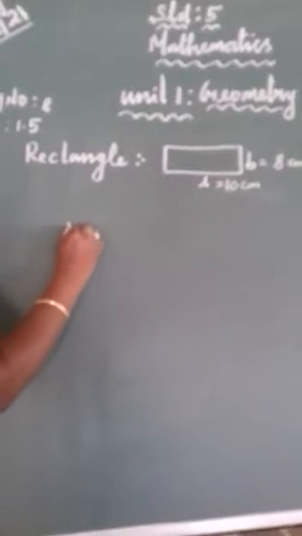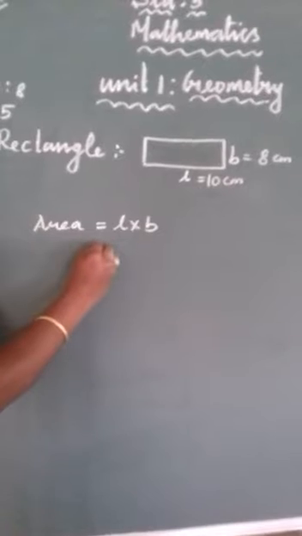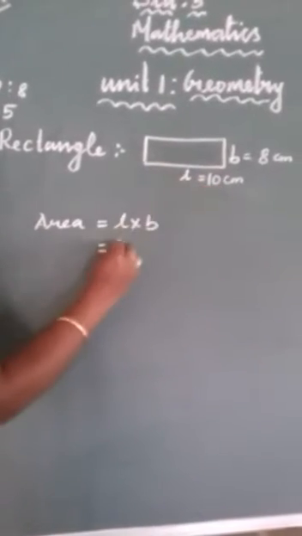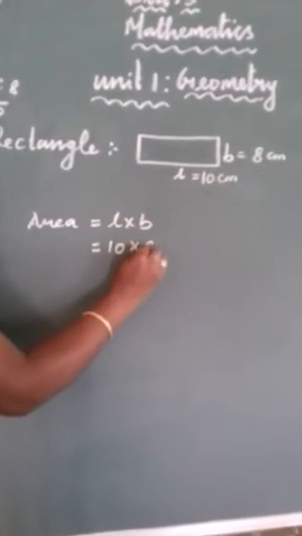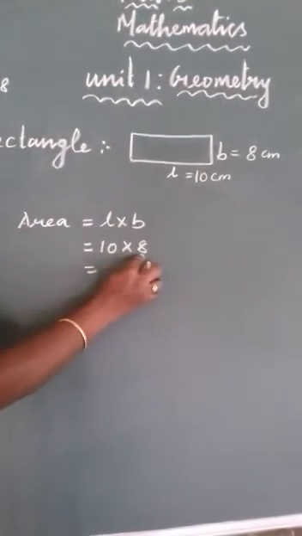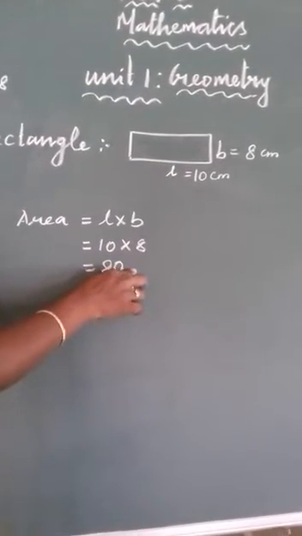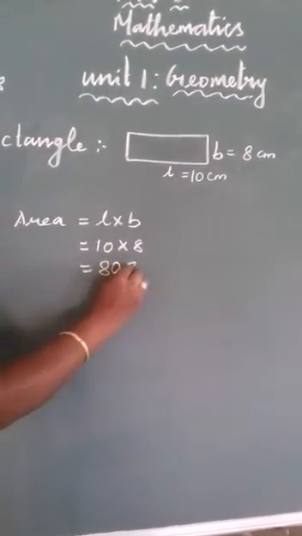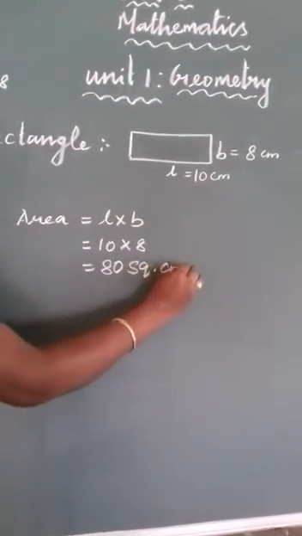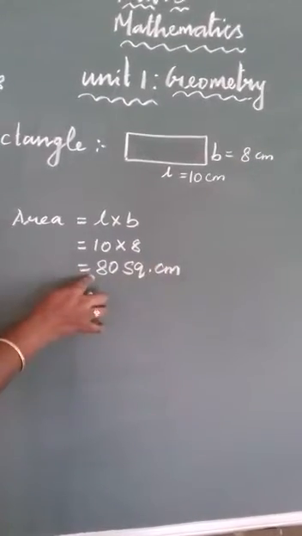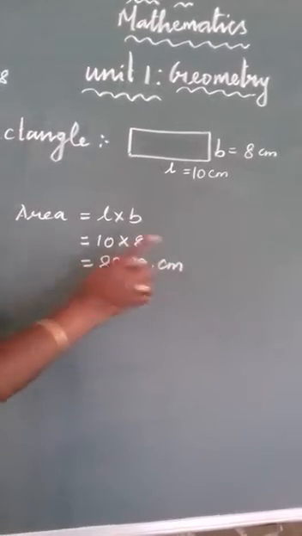Area of a rectangle equals L into B. So, L is 10 centimeter, into breadth 8 centimeter. 8 tens are 80. At the end of the answer we can write sq., and here the unit is centimeter. So, area of a rectangle equals 80 sq. centimeter.